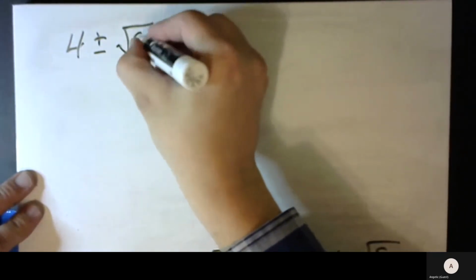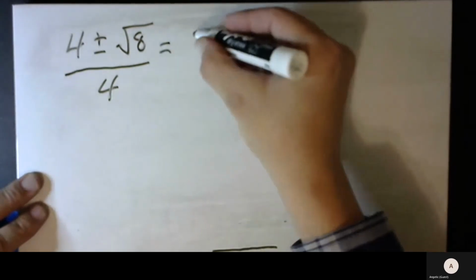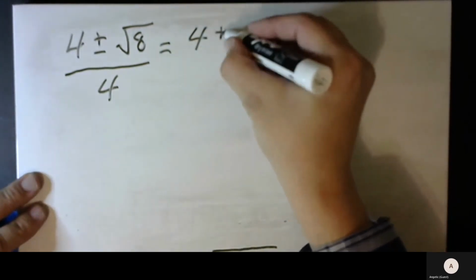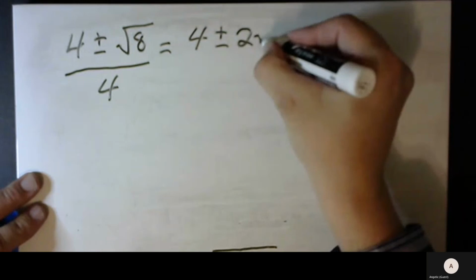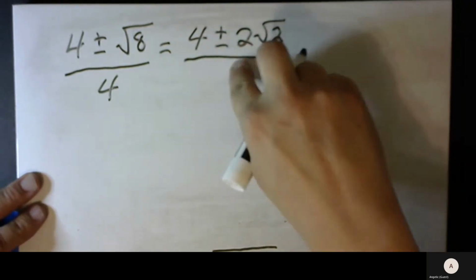So where we left off, we have 4 plus or minus square root of 8 divided by 4. And we found out that this is equal to 4 plus or minus 2 root 2 over 4.